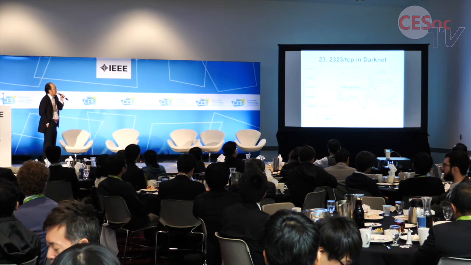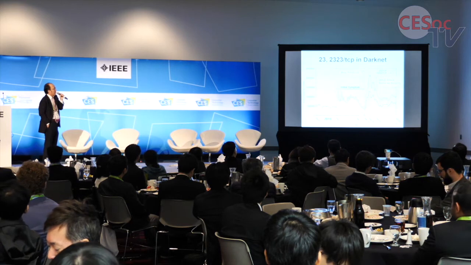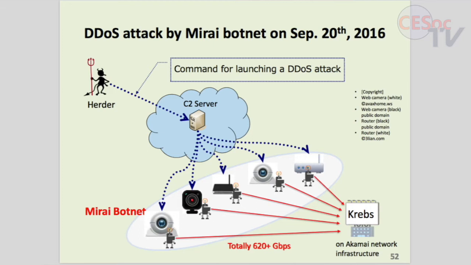Not small, not big, but after September 13, the scan data for port 23 is increasing, very increasing, together with port 2323 TCP. Because of this kind of combination, ports 23 and 2323 are related to Mirai malware.